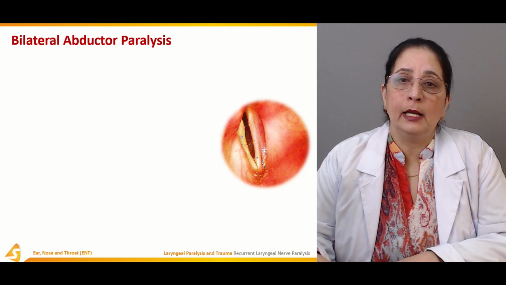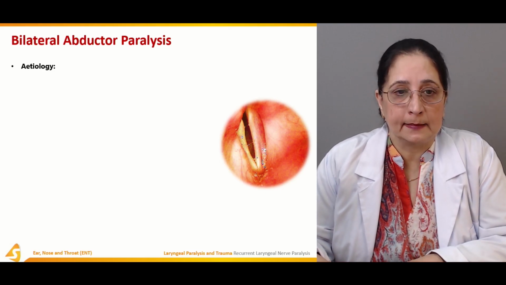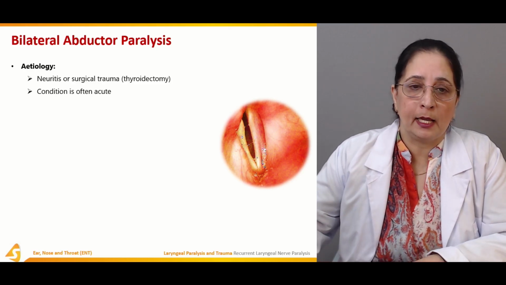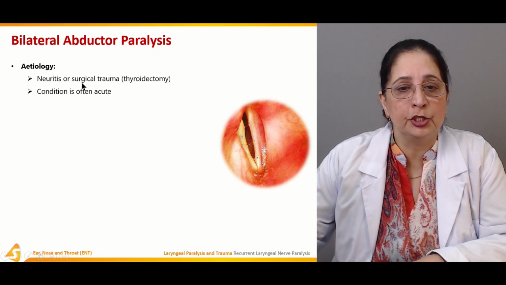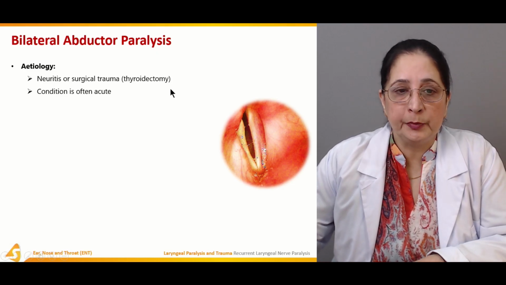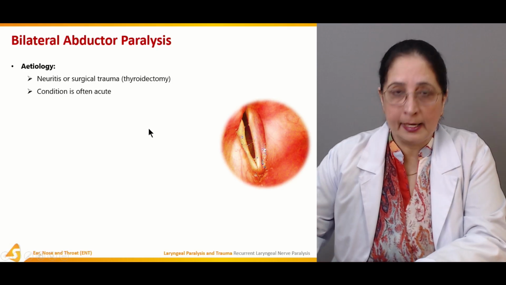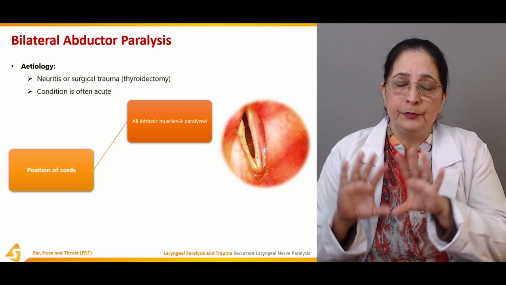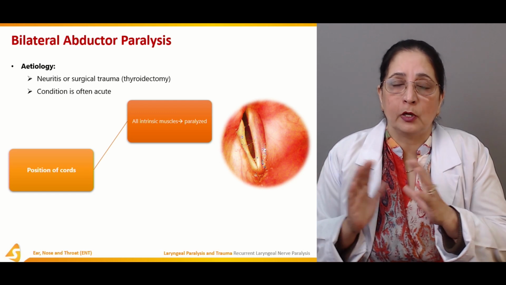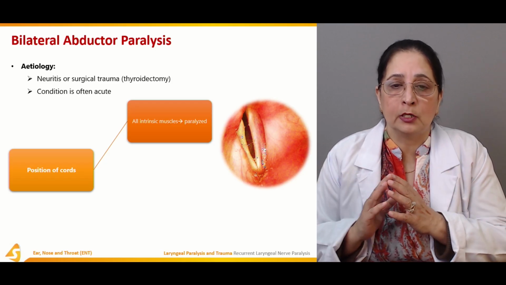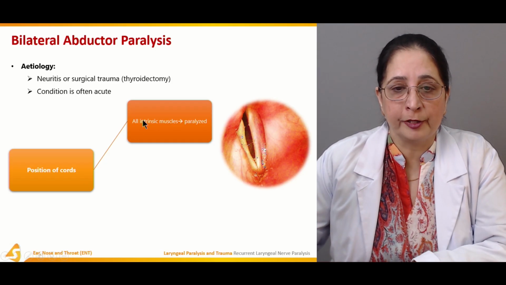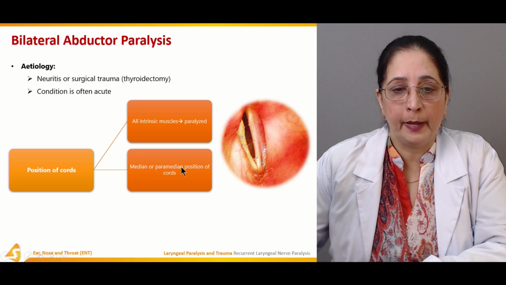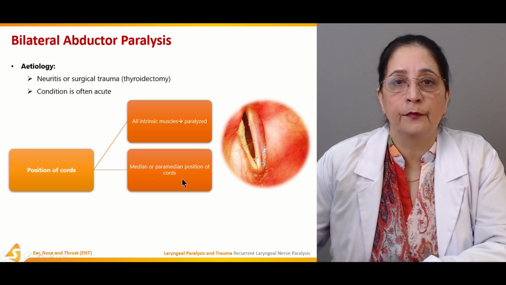Now, bilateral abductor paralysis. The causes of bilateral abductor paralysis are neuritis or surgical trauma, such as thyroidectomy. The condition is often acute. Position of the cord with bilateral abductor paralysis: abduction is not possible, lateral movement is not possible, so all intrinsic muscles are paralyzed.